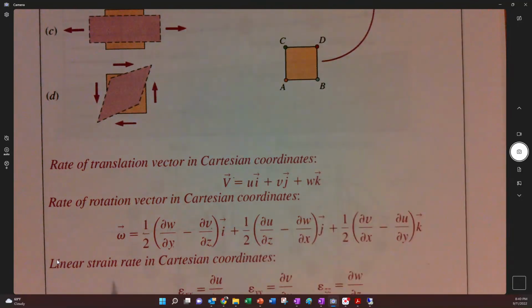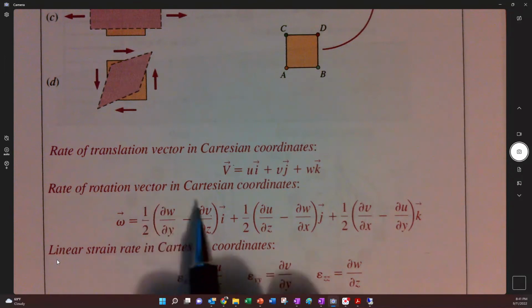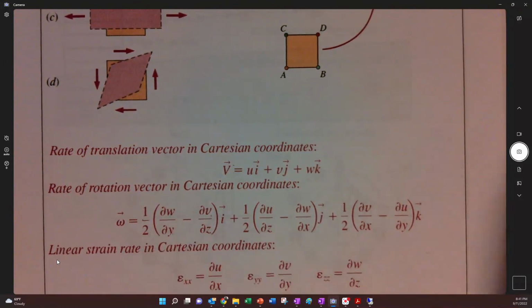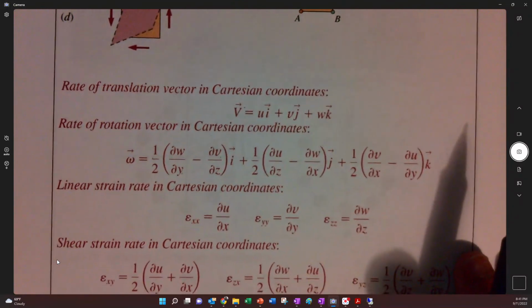So this is a rate of rotation vector in Cartesian coordinates for all three directions. And we'll see that soon, as that's going to be very related to our vorticity vector. This is just the second cousin of them. And I'm playing these in order as they show up in the book.